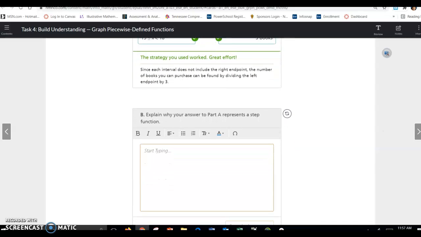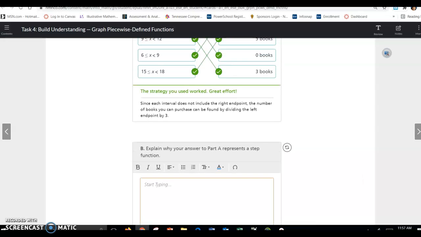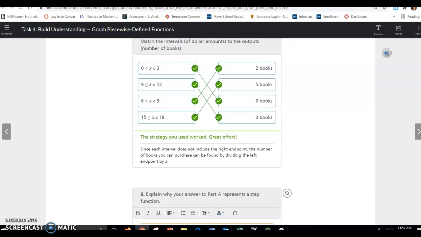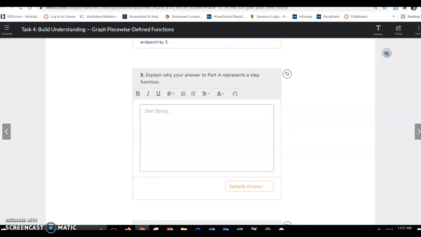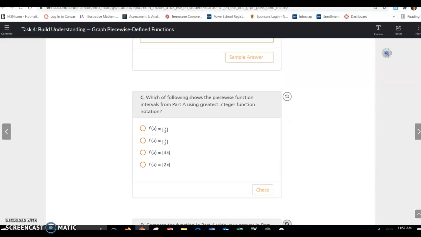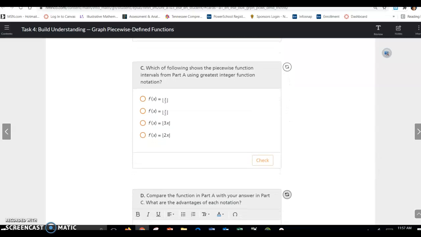All right, explain why your answer to part A represents a step function. It represents a step function because the domain for each dollar amount is not included here. All right, which of the following shows the piecewise function intervals from part A using greatest integer function notation?